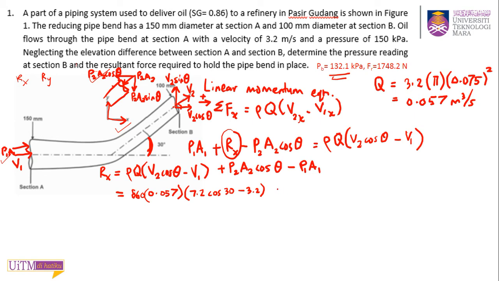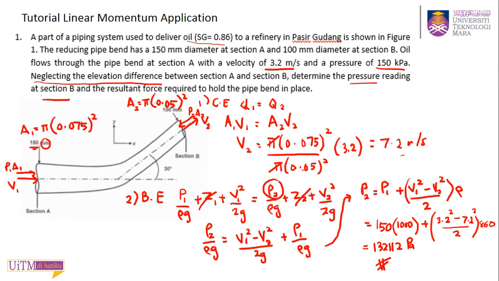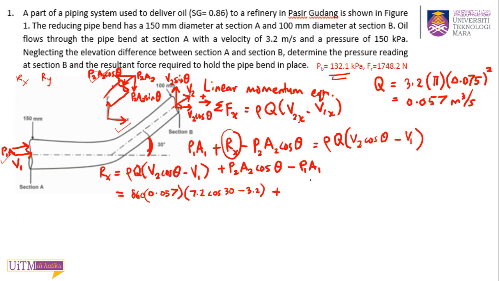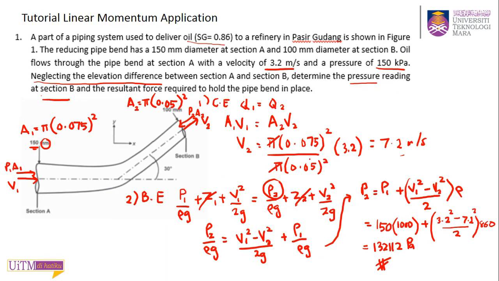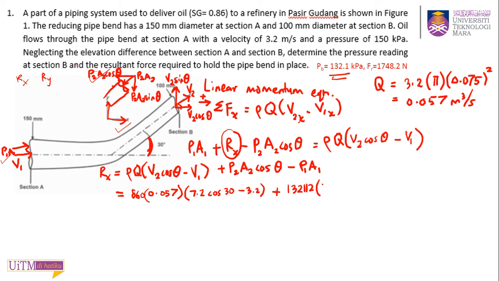Plus P2. You have your P2 which is 132,112 times A2. What is A2? A2 is pi times 0.05 squared.